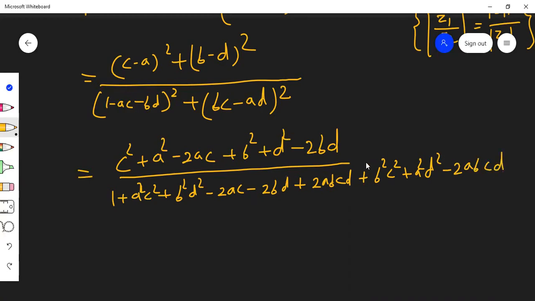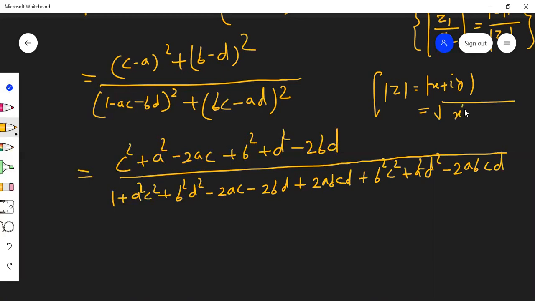Now if I look at this carefully, this will have a square root also, right? Because here we should write the formula: mod z, suppose we have z as some quantity x plus iy, then mod z will be the square root of x squared plus y squared, just to remind you.